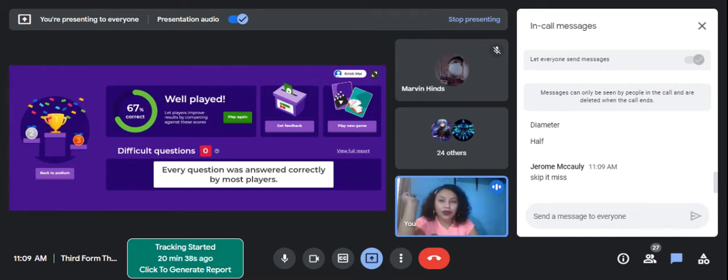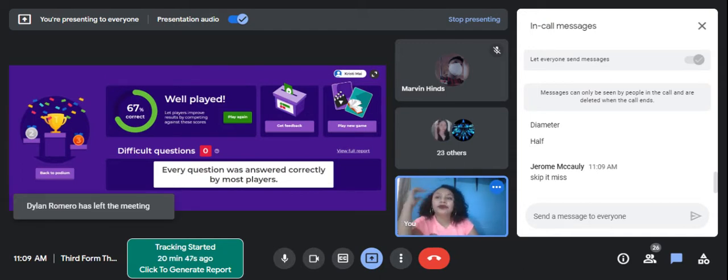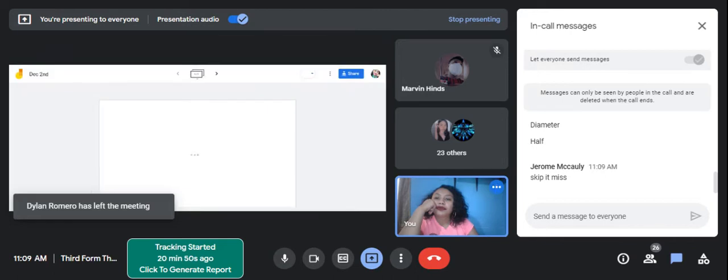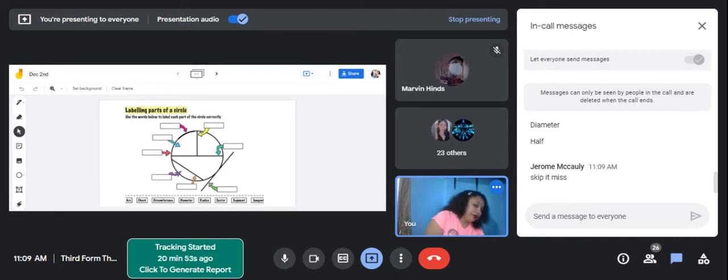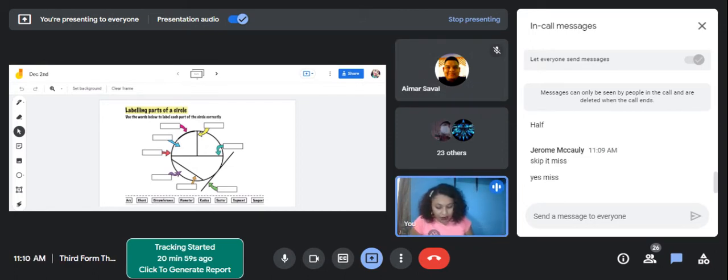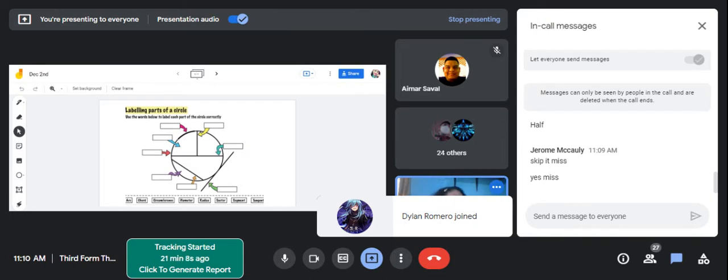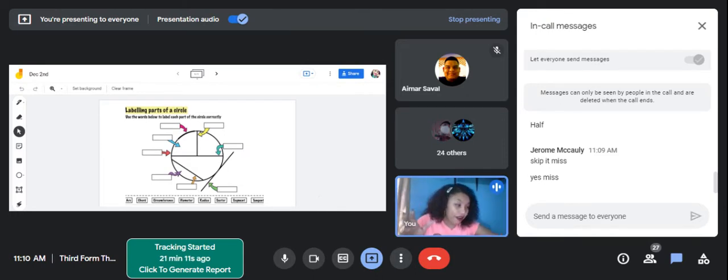So now let me go to the Jamboard and then we can work with today's activity. Can you guys see the Jamboard? Yes. Okay, guys, like I mentioned at the beginning of the class, what I want you to do today is to understand the basic parts of a circle, because next week, to close off the last week of geometry, we're going to be working with formulas involved in a circle.